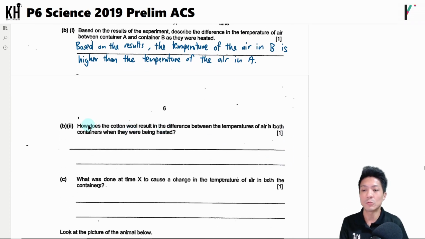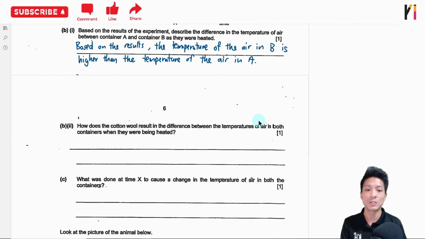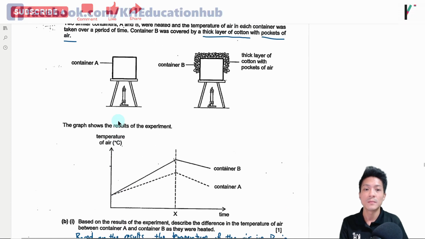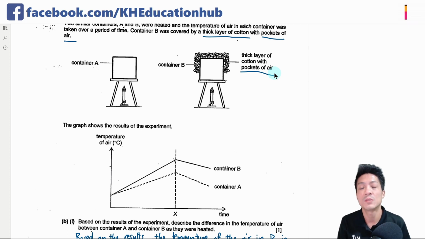Okay, B part 2. How does the cotton wool result in the difference between the temperatures of air in both containers as they were being heated? What happens is over here you need to talk about the cotton wool with the pockets of air, and because air is a bad conductor of heat, you prevent container B from losing heat.